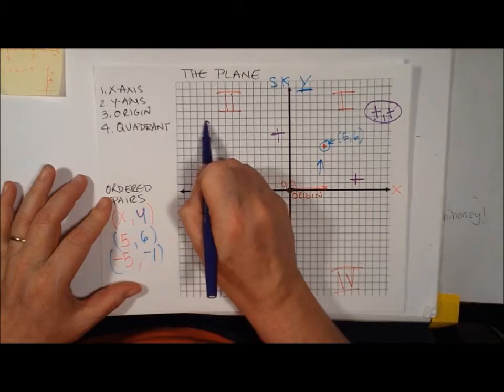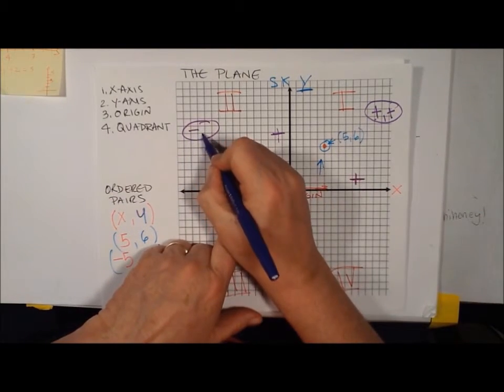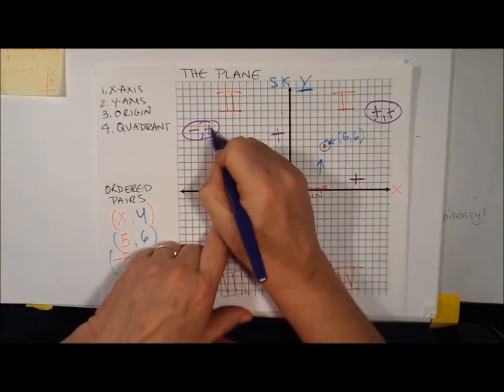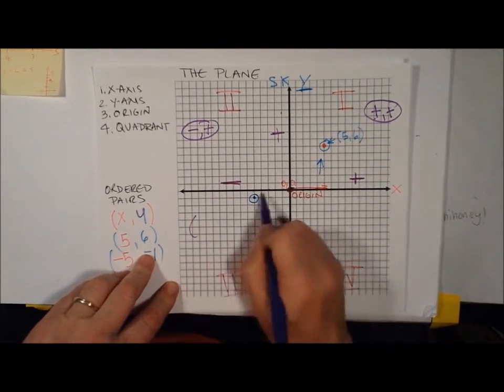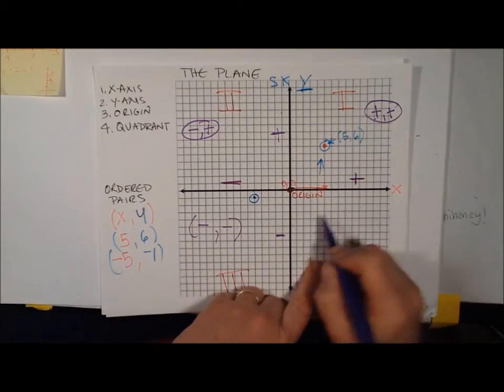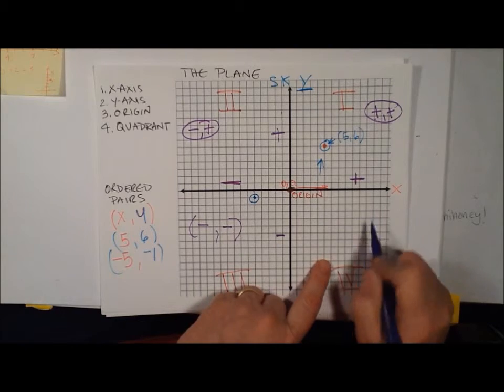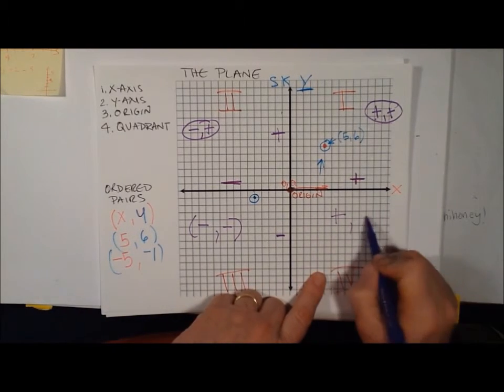If I come to quadrant number 2, I read my x first, so that would be a negative and a positive. In quadrant 3, it would be negative for x, negative for y. And if I come to quadrant 4, it will be positive for x, negative for y.